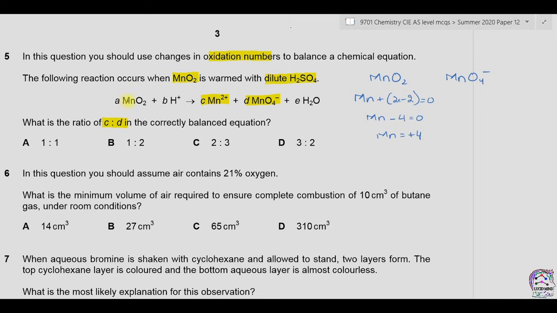So the oxidation state of manganese in MnO2 is +4. In MnO4- we have 1 manganese atom, 4 oxygen atoms, 4 into -2 and the overall charge is -1. So the oxidation state of Mn is +7.